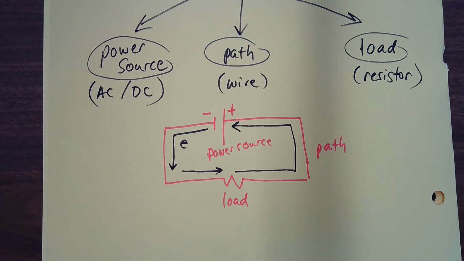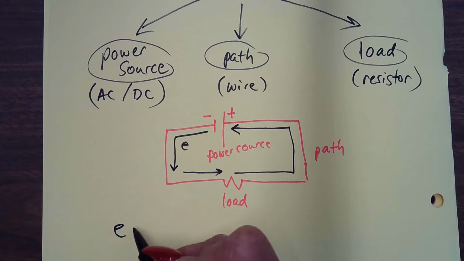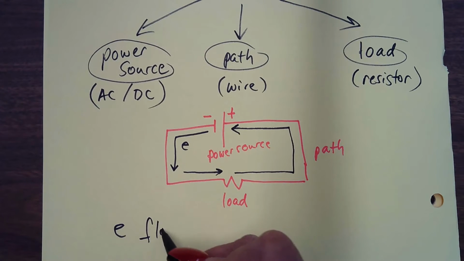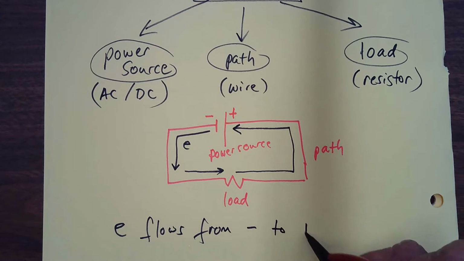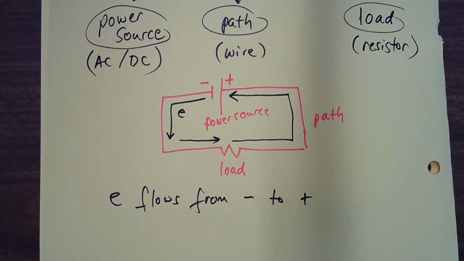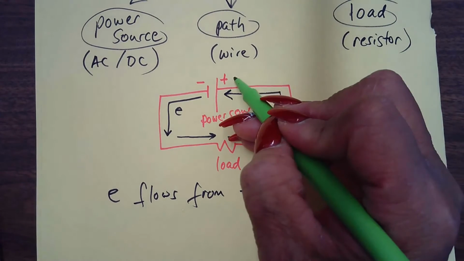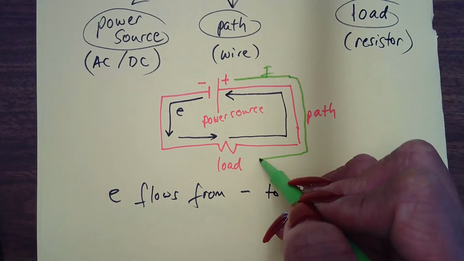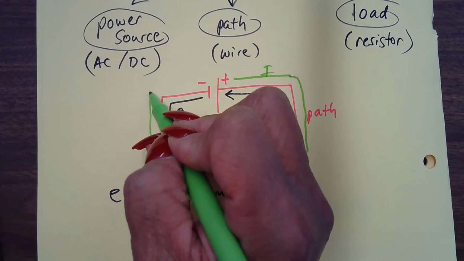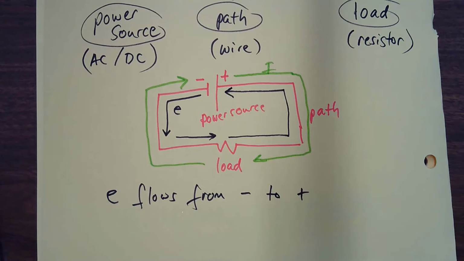So electrons flow from negative to positive, whereas the conventional current comes from the positive and back to the power source to the negative.